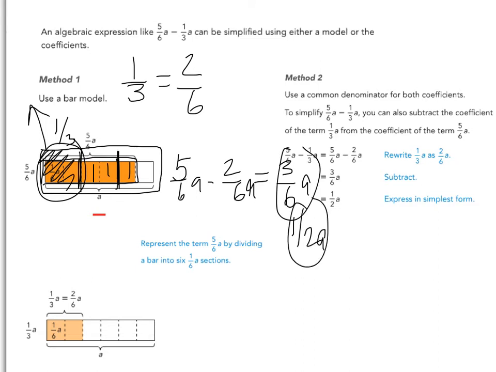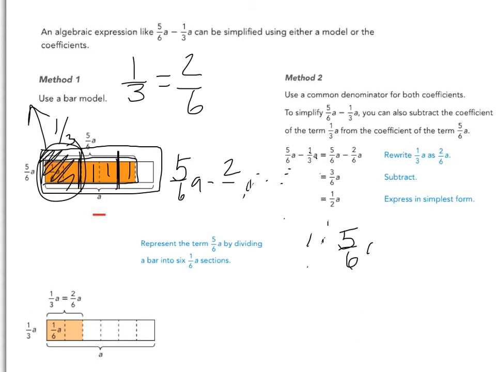All right, now the other way to do that would be, not with the bar model, I'm going to erase this so I have some more room, with just using common denominators. All right, so we have 5/6a. We can write it vertically, 1/3 a. Your common denominator is 6, so we're going to copy this one back over. 3 times 2 is 6. 1 times 2 is 2.